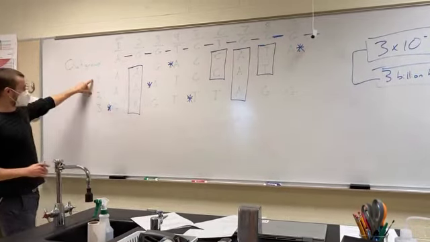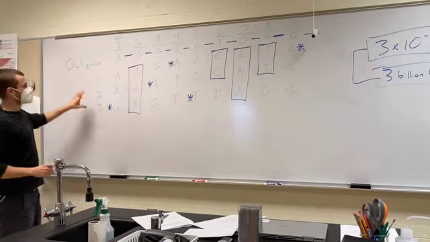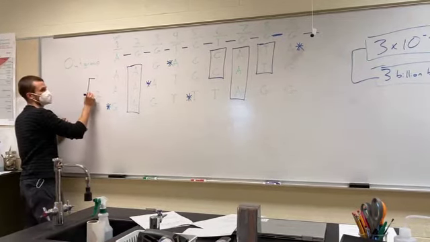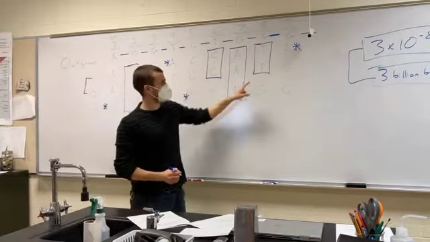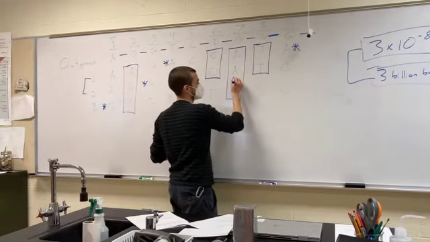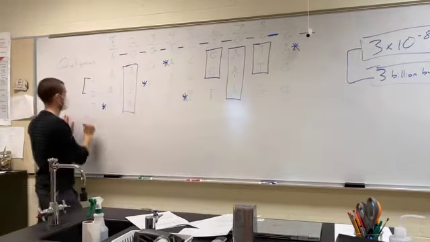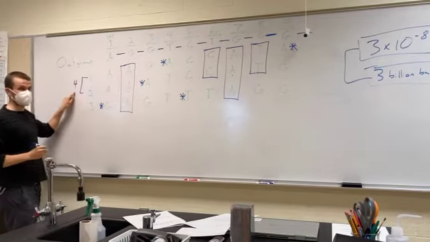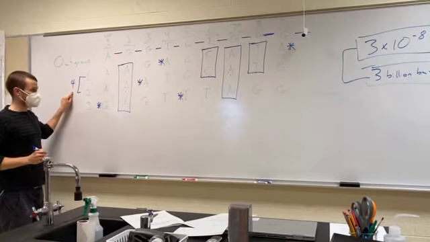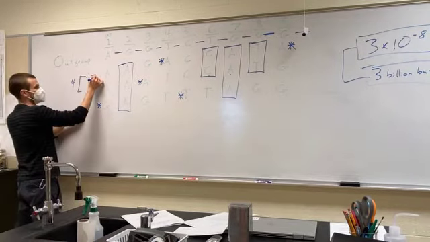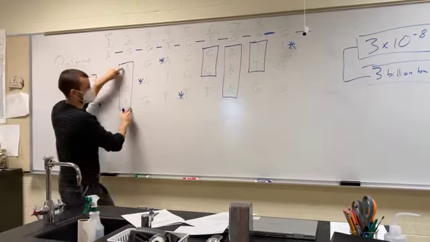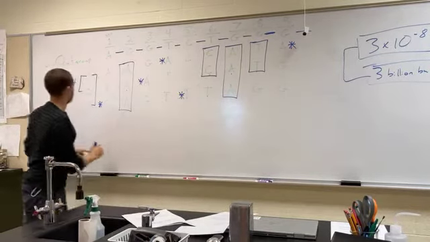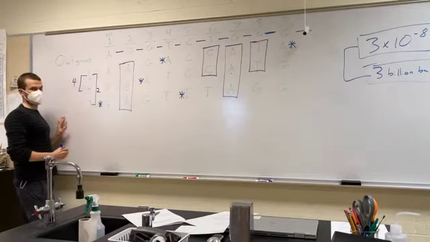But in comparing 1 and 2 and 1 and 3, we see that 1 and 2 share more sites. They share this one, this one, this one, and this one. So there's a pairwise comparison index of 4 sites in common, whereas 1 and 3 share this one and this one, or a pairwise index of 2.